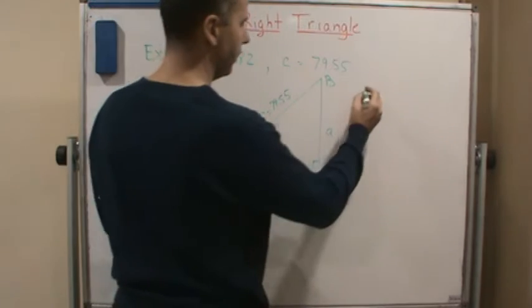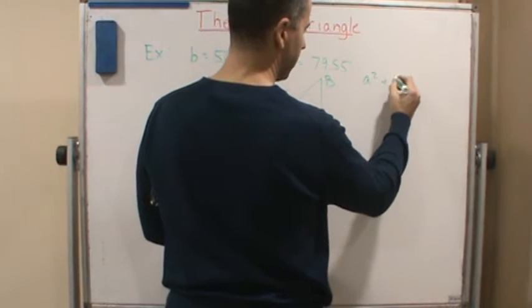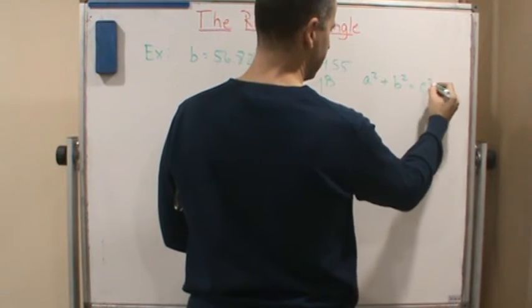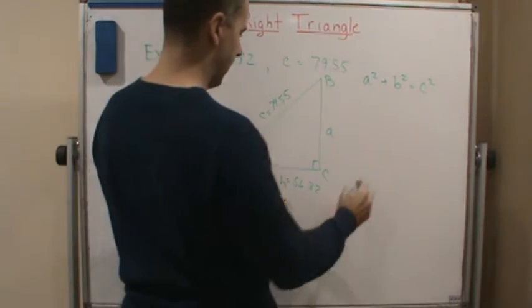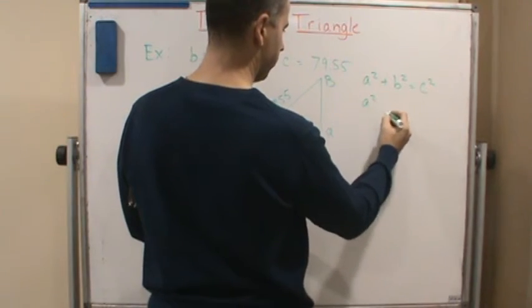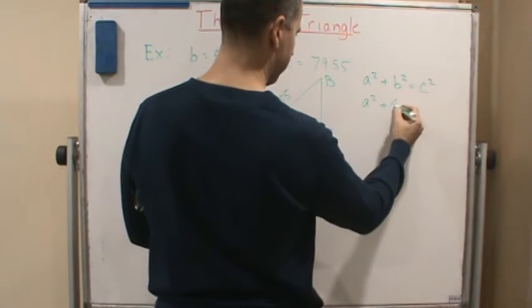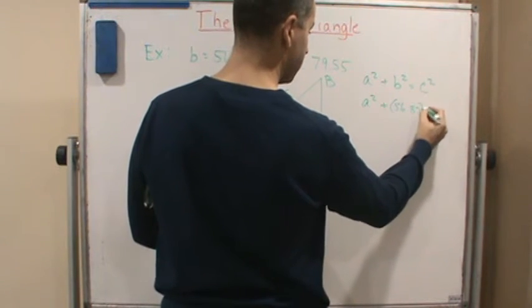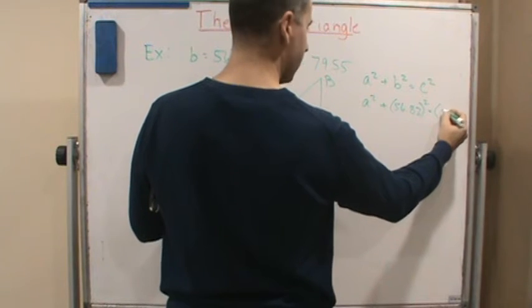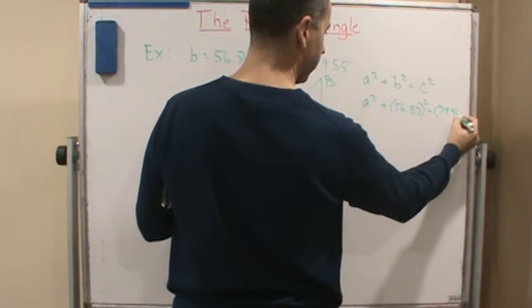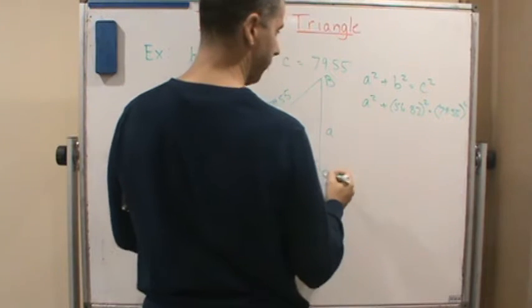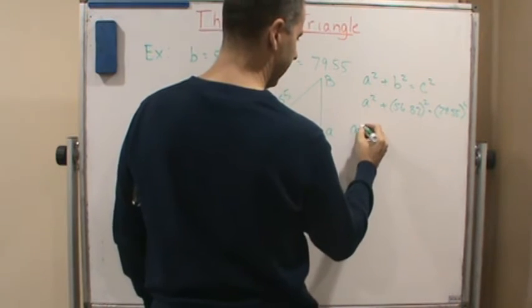So we've got A squared plus B squared equals C squared, right? So we've got A squared plus B squared, which is going to be 56.82 squared, equals 79.55 squared.